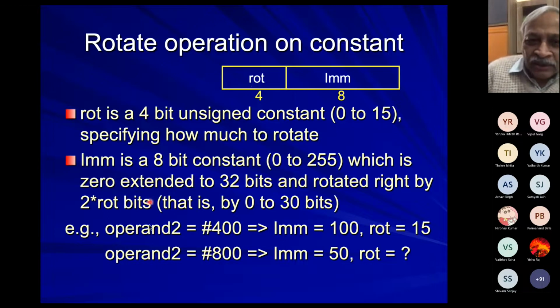So the constant operand you can specify is something which can be obtained by rotating an 8-bit number by an even number of positions. For example, if in your assembly language you specify hash 800 as a constant, the assembler will figure out what to put in the immediate part and what to put in the ROT part.